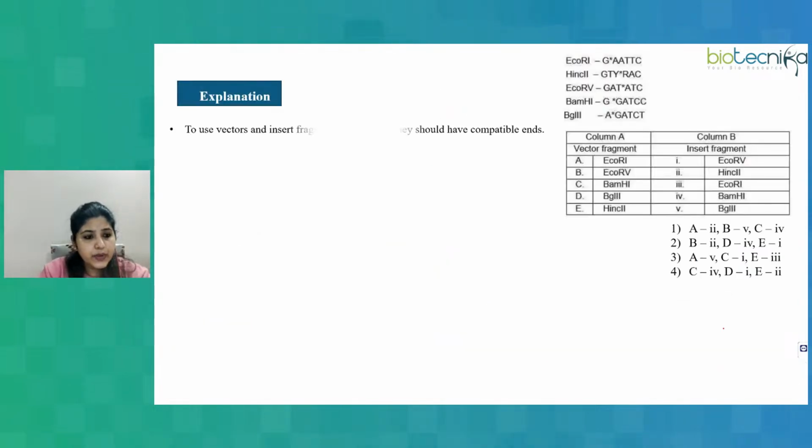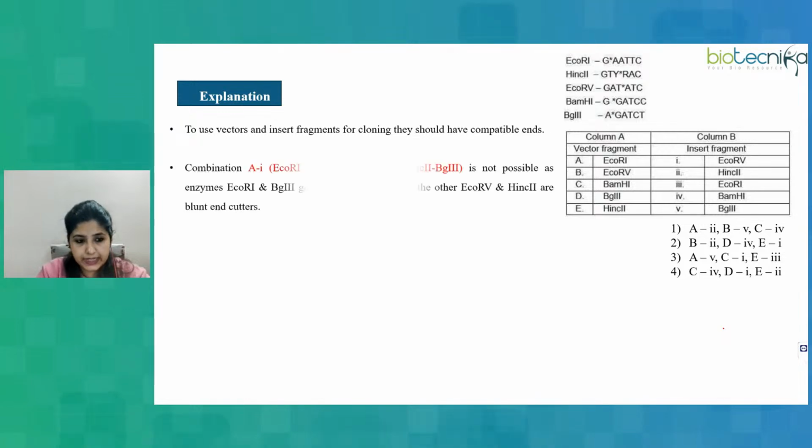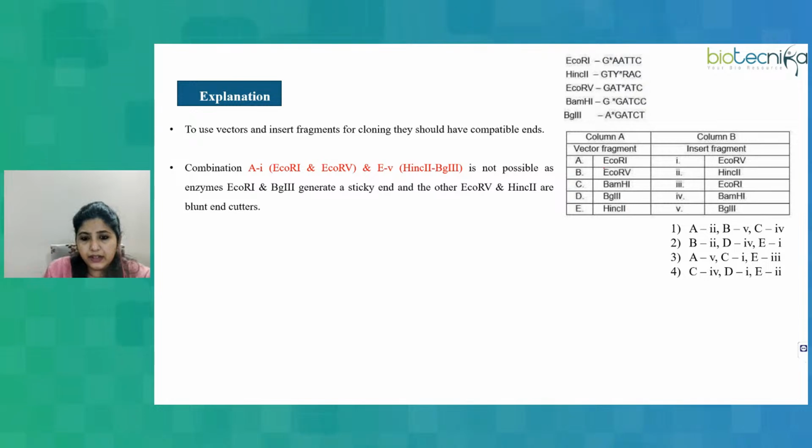Now, to answer this question, as I have already told you, you have to use vectors and insert fragments for cloning that have compatible ends. So you have to pay attention to which enzymes generate blunt ends. I have already told you EcoRV and HincII generate blunt ends.